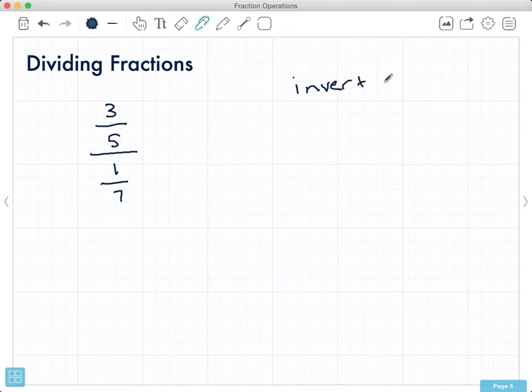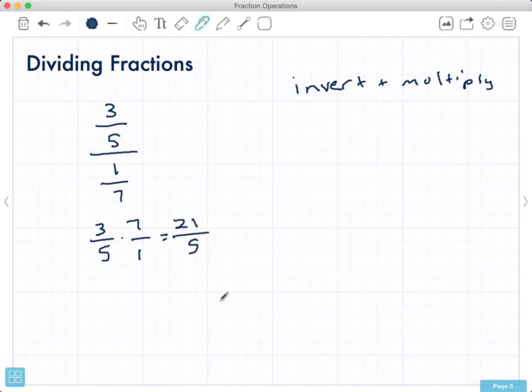Invert and multiply. This means to take the fraction you're dividing by, invert means to flip it over and then multiply it by the initial fraction. So this question would turn into 3/5 times, instead of 1/7, 7 over 1. You multiply the tops and you multiply the bottoms.